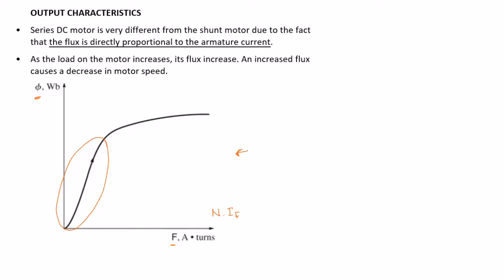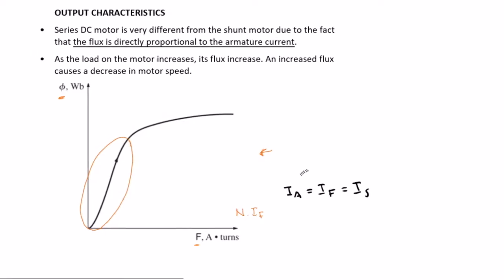However, we have learned from the equivalent circuit that IA equals IF, or IS if you like. These two refer to the same thing, which is the field current.